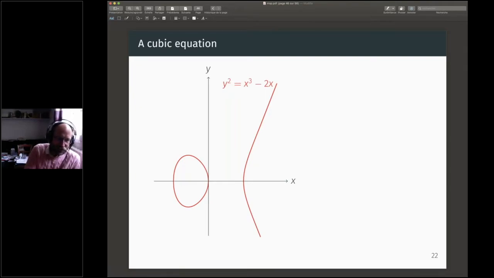It has two components, and it's called an elliptic curve. I will play a geometric game similar to the one I played for the circle. I take a point P on the conic, but now on this elliptic curve. Now if I draw a line, it will cross. You see, if I draw a line like this, I hope you see my cursor.